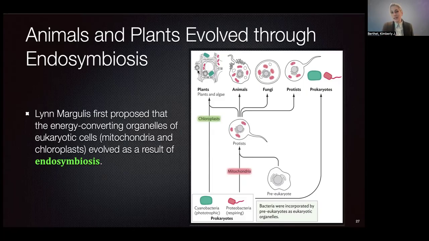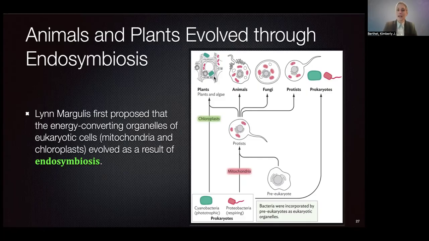Beyond that, the microorganism, the cyanobacteria, benefited from being inside the cell because now it was no longer subject to predation from other organisms. It's no longer going to be consumed. So it has a safe home at this point. It is completely protected from the outside world.